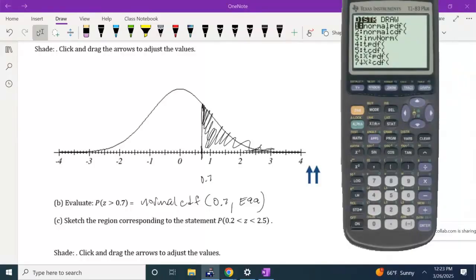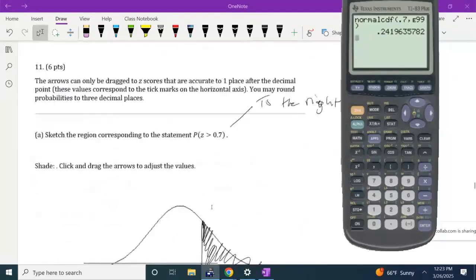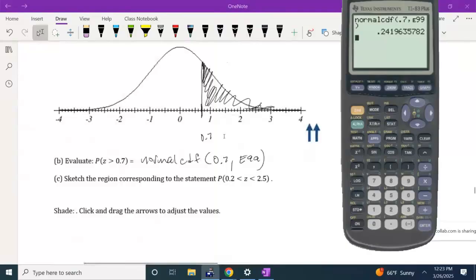So this is normal CDF, 0.7, comma, positive infinity, round to 3 decimal places, 0.242.